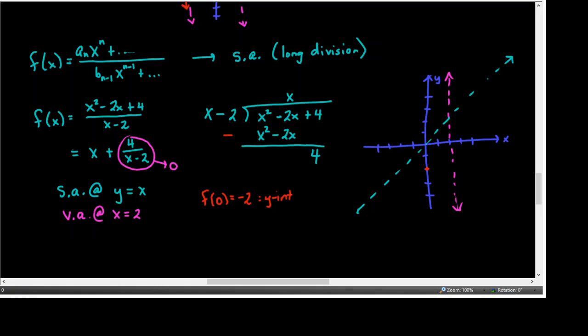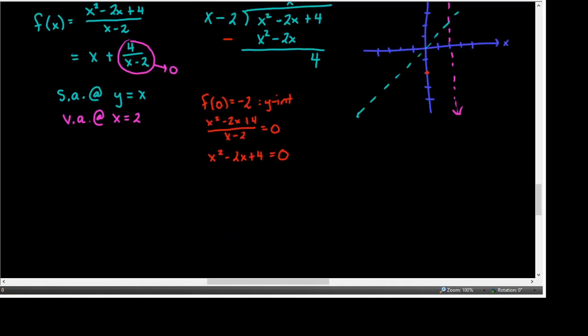And let's see if it has any x-intercepts. Is this function ever equal to 0? Well, we've talked about this before. That only happens when the numerator itself is equal to 0. And I can't factor that, so I'm not going to be able to solve it by factoring, which means if it has x-intercepts, I'll have to find them using the quadratic formula.